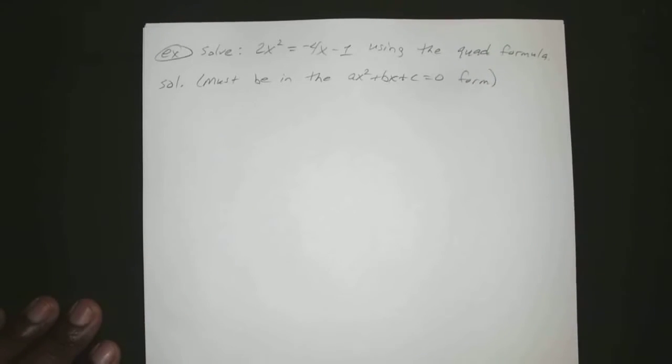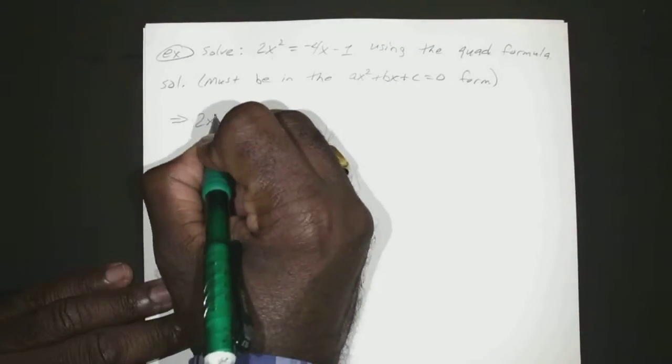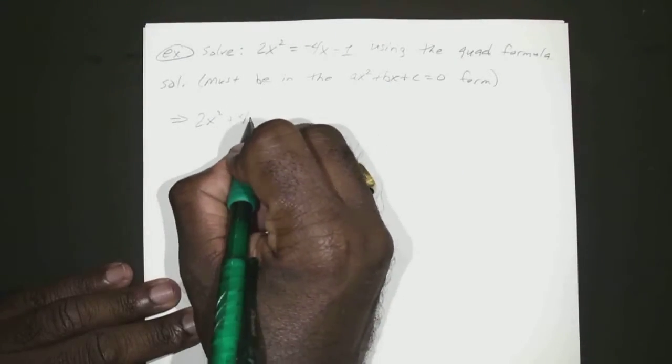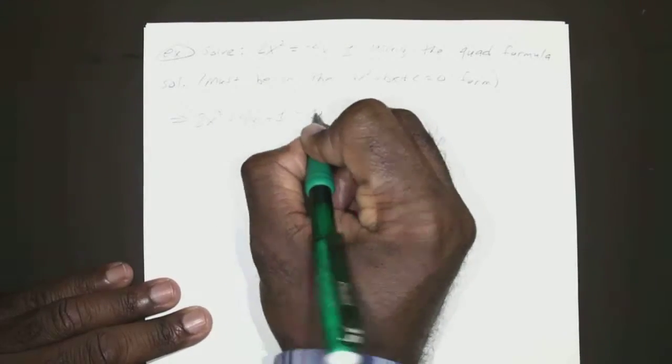So that means if we add 4x to both sides, you have 2x squared plus 4x. If we add 1 to both sides, plus 1 equals 0.